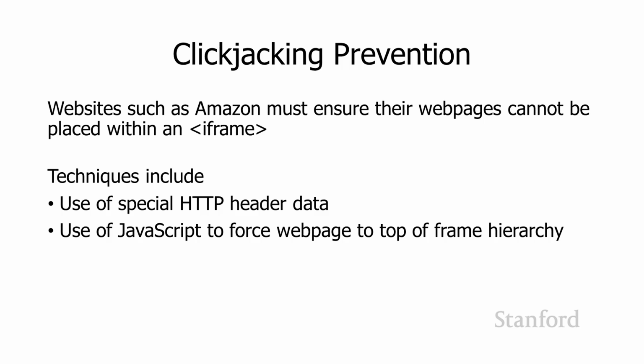There are several different techniques to do this. You can include information in the HTTP header. You'll recall that includes things like, this is how long this web page is good for, this is when it expires, or this is a particular encoding we've got. You can also send information in those headers that says, web browser, don't place me inside of an iframe.